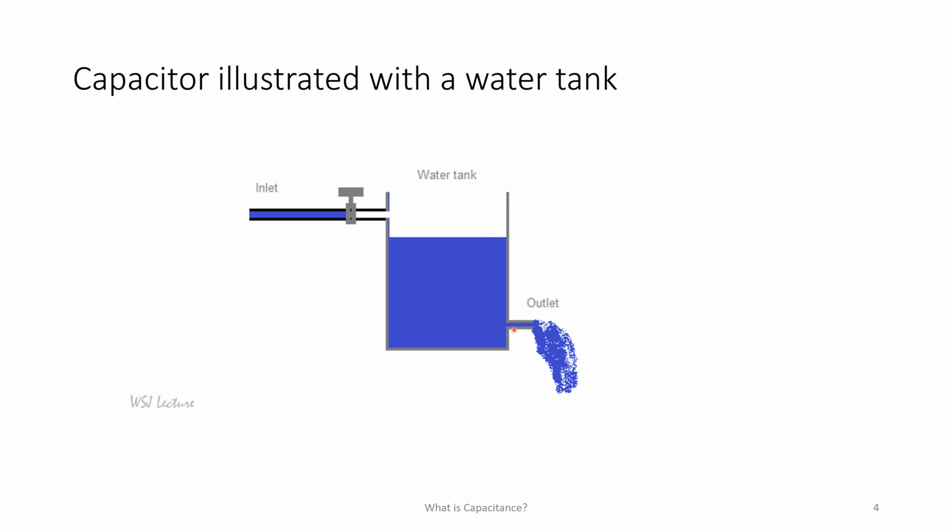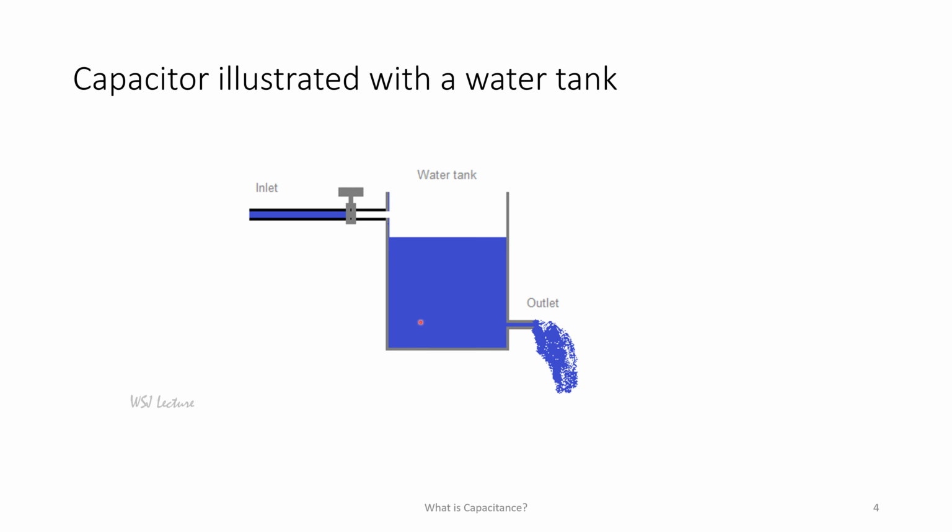The next scenario is when we close this tap. There won't be any inflow of water to the tank. So when the inlet tap is closed, there won't be any inflow of water, but there will be outflow of water until the water in the tank completely drains or until the water level goes below the outlet level.